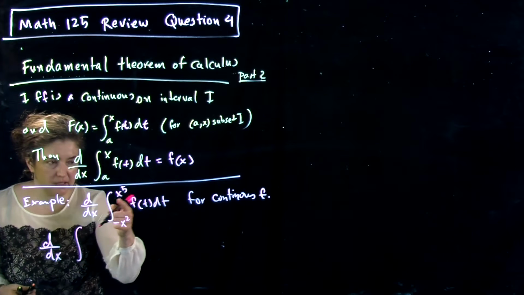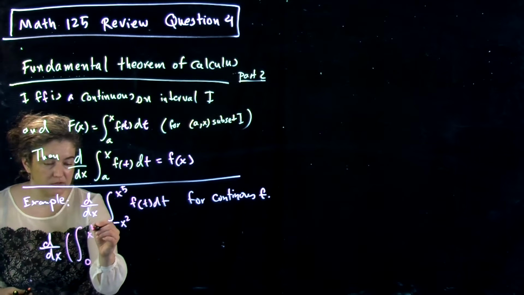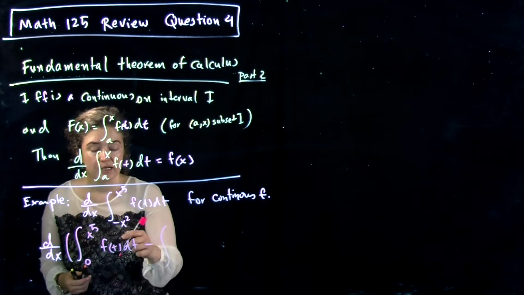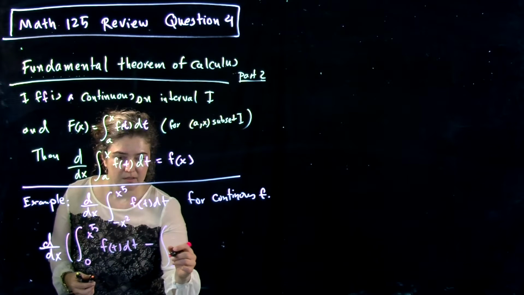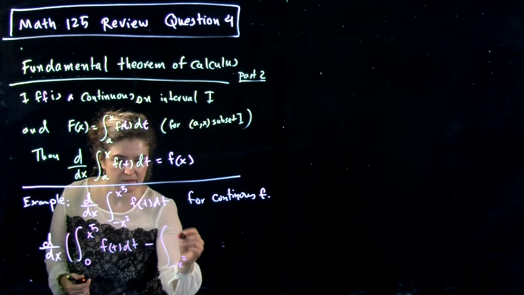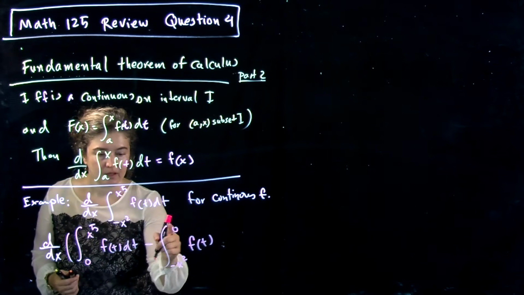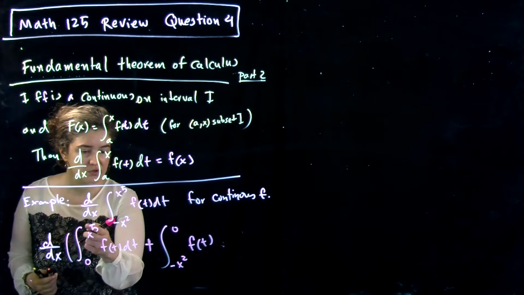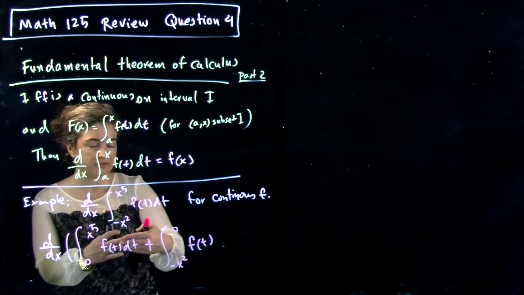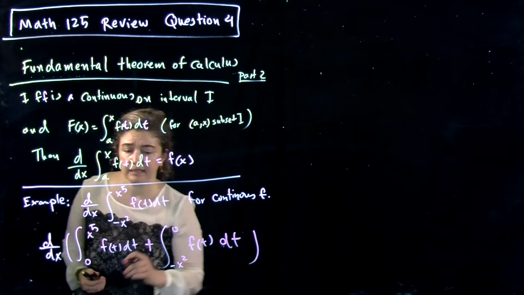And this integral is the integral from 0 to x to the 5th of f of t dt plus the integral from minus x squared to 0. Oh, it has to be a plus in here. So the lower and the upper, these two kind of blend in together. dt.